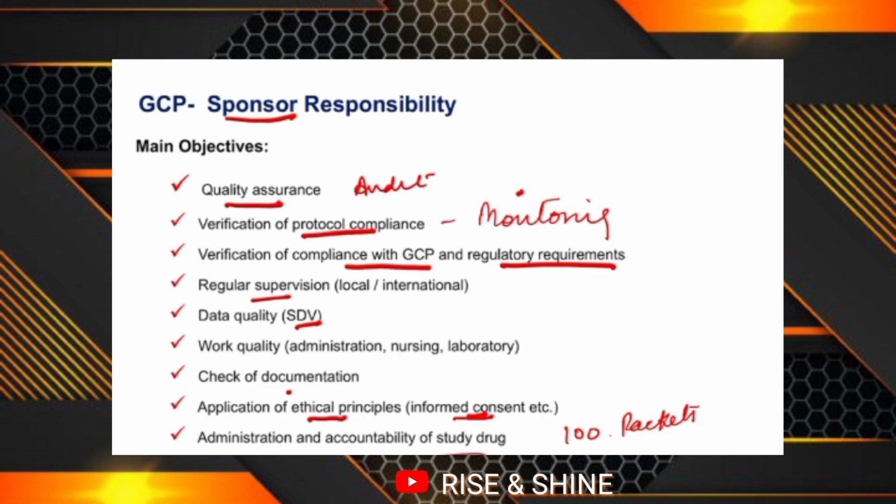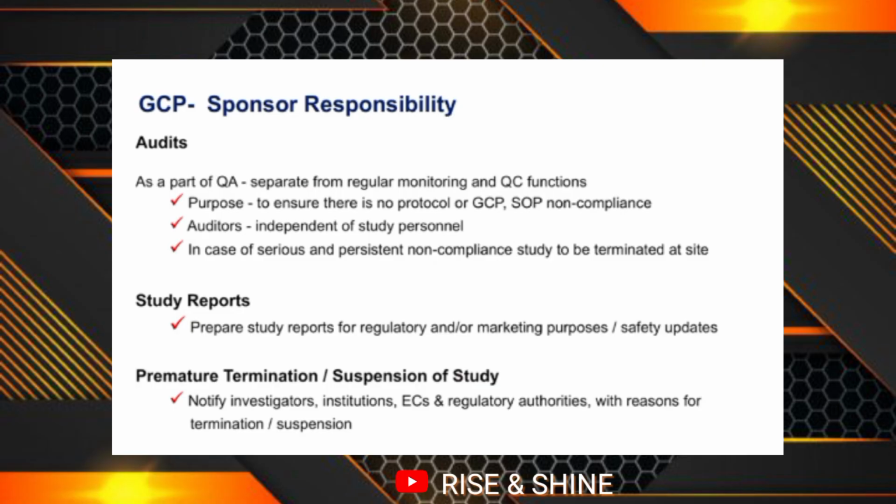But ultimately, if tomorrow this math is coming as 99 only, then the sponsor has to check with the site where this one has gone, because it is a new drug. No one can use it without participating in a trial, right? So they have to track it properly. So this is a sponsor's responsibility.